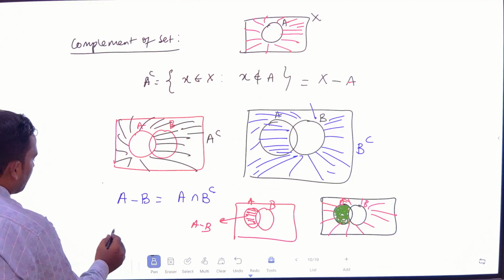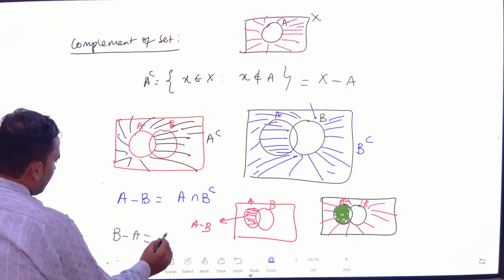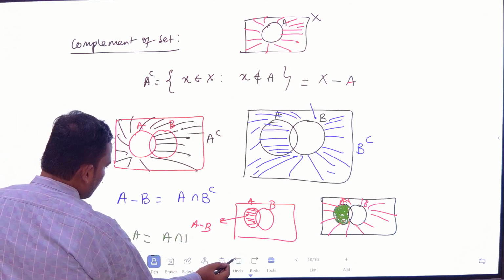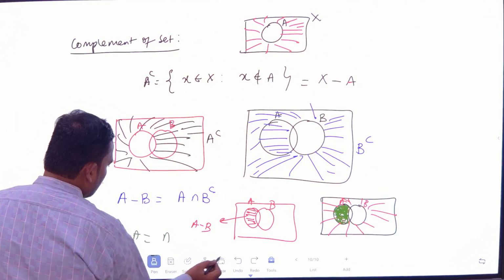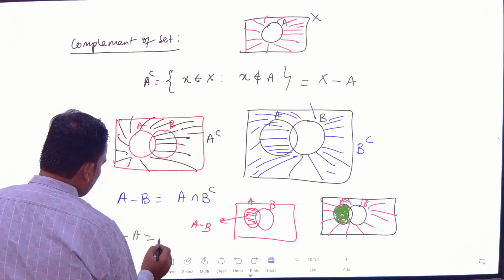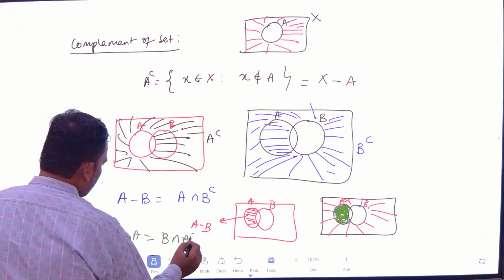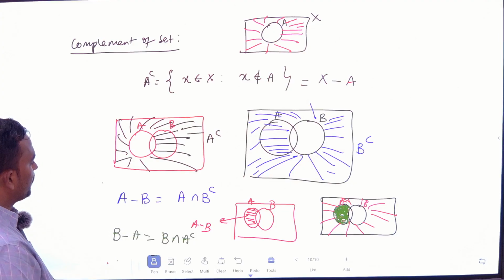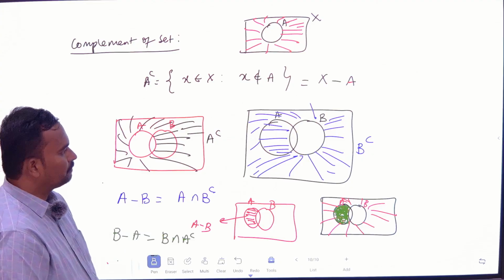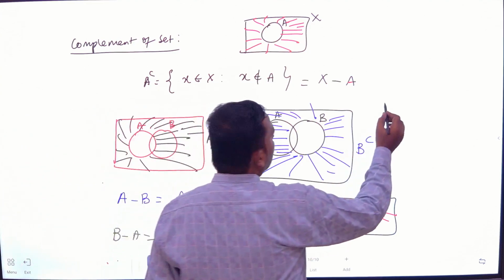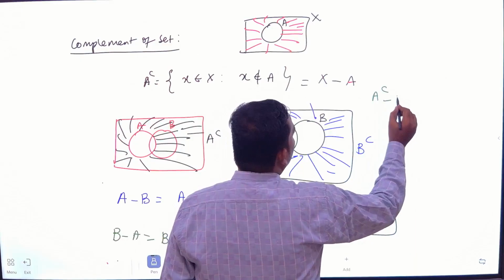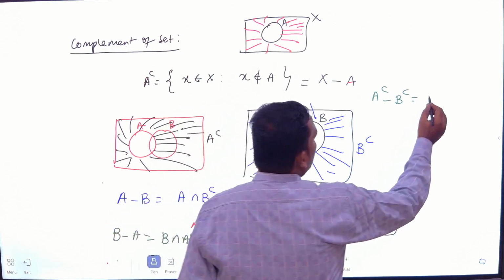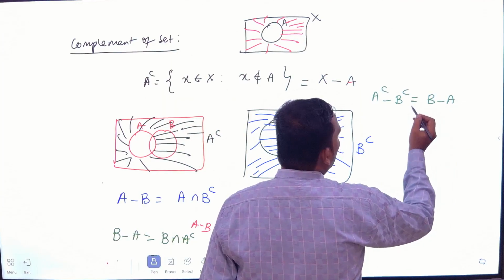Clear? The same way, B minus A equivalently we can write B intersection A complement. Clear? Okay. Then A complement minus B complement we can write as B minus A. This is called De Morgan's law also.